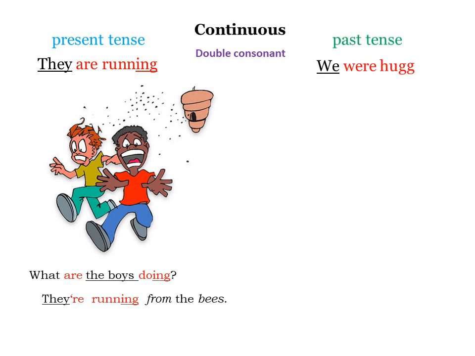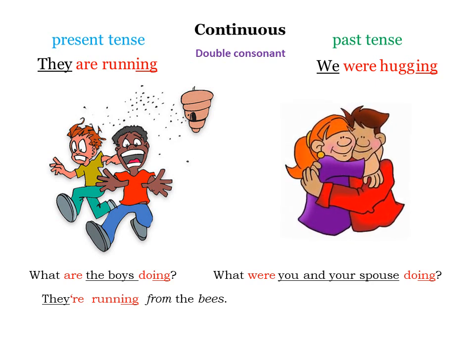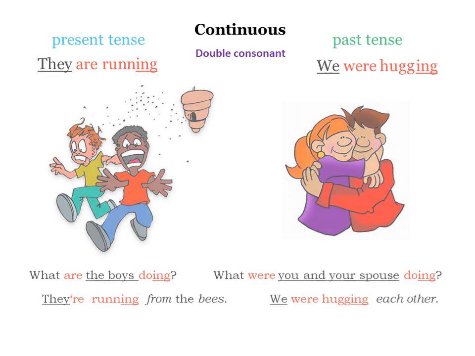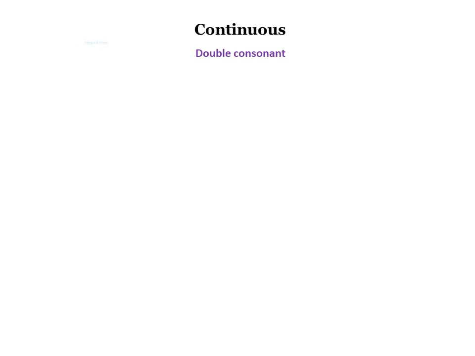Past tense. We were hugging. What were you and your spouse doing? We were hugging each other. Present tense is spinning.